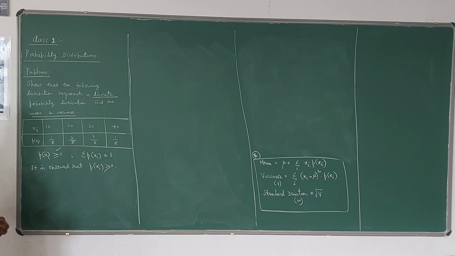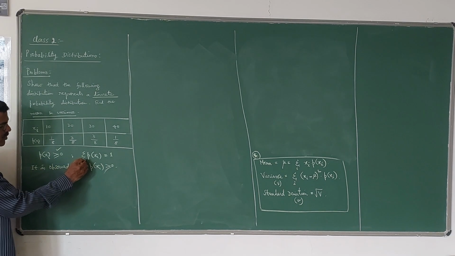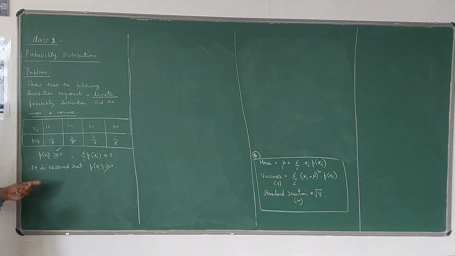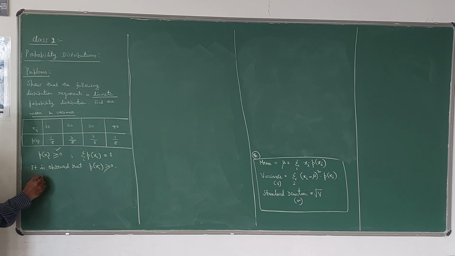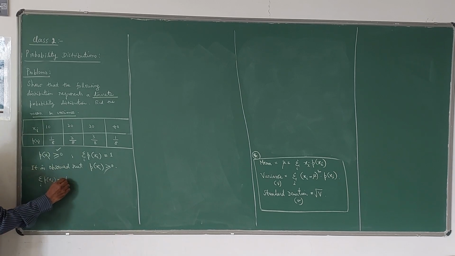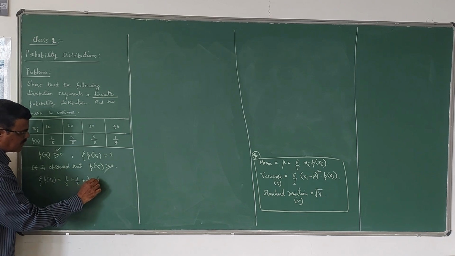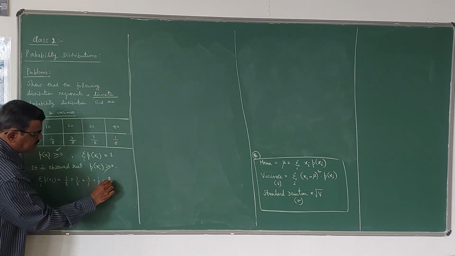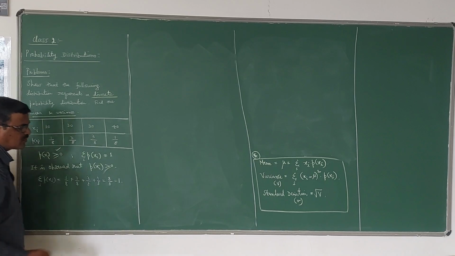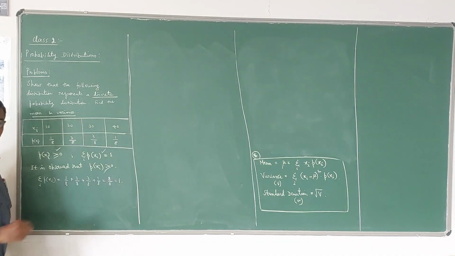Second condition: sum of p of xi should be equal to 1. That means you have to add all these probabilities. Sigma p of xi means 1 by 8 plus 3 by 8 plus 3 by 8 plus 1 by 8. It is 8 by 8, which is equal to 1. So the second condition is also satisfied.